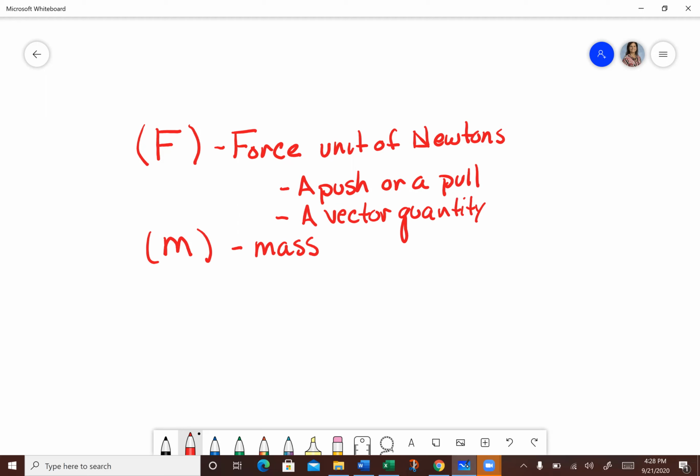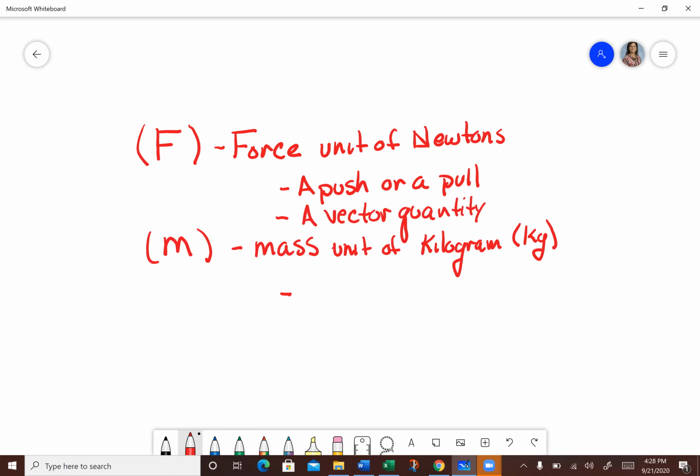So m is mass, units of kilograms. So these are the base units in the metric system, the SI system. So every time we want to use these variables in any of our equations, these are your basic units, newtons and a kilogram.